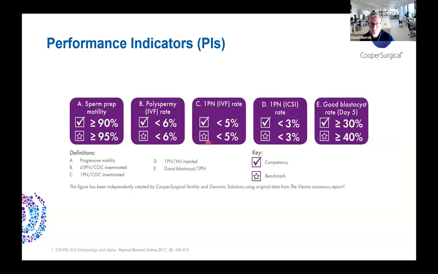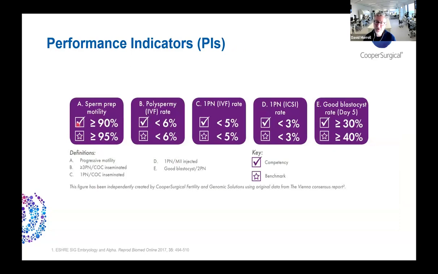Okay, so this is taken from the Vienna Consensus. This is the performance indicators, the slightly less important in their view. So you can see I'm not going to go through all of these individually, but you'll see it relates to how motile your post-preparation sperm sample is.